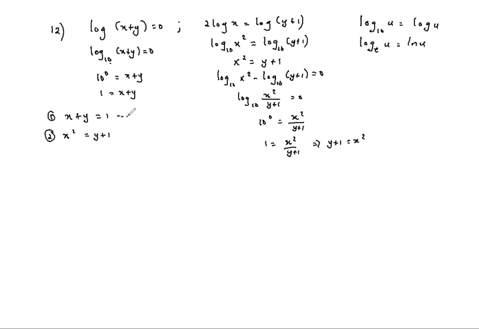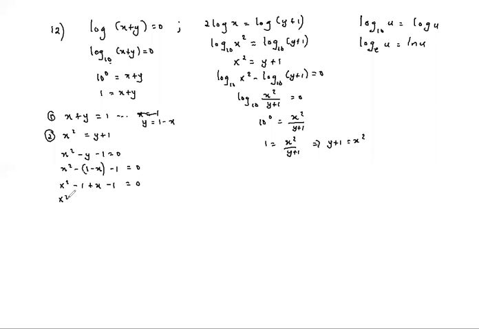So from the first one, let me solve for y. Y is 1 minus x. So when I come here, I will say x squared minus y minus 1 is 0, which will be x squared minus, what is y? Y is 1 minus x, minus 1 is 0. So I have x squared minus 1 plus x minus 1 is 0.